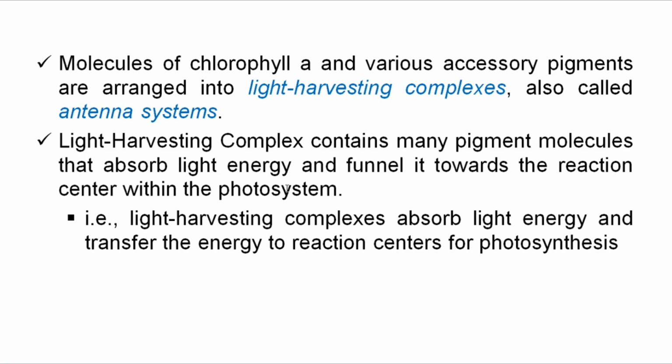Within the photosystem. What is a photosystem? It is a protein complex. So light energy is absorbed by pigment molecules in the antenna system, and they transfer that light energy to the reaction center within the photosystem. That is, light-harvesting complexes absorb light energy from the sun and transfer it to the reaction center for photosynthesis.